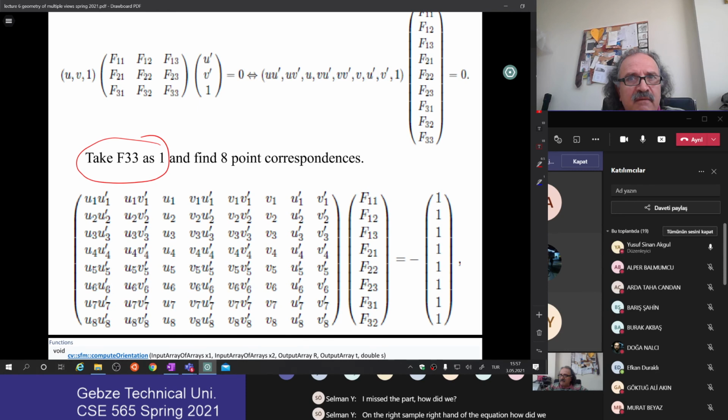Oh, that's a good question. I am proud of myself. What did I say? If you have this T and R, you get the essential matrix. And this one says get the essential matrix from RT, but it needs R1, T1, R2, T2. What are these R1, T1, R2, T2?